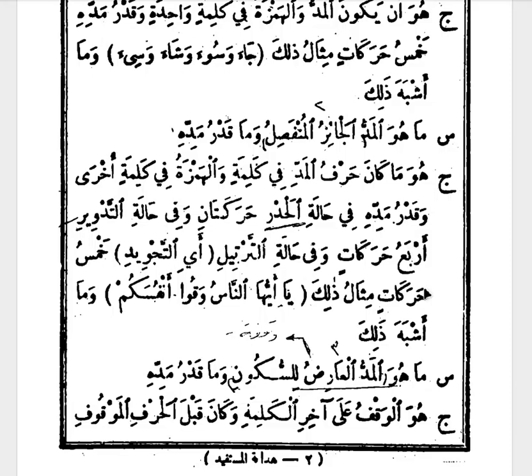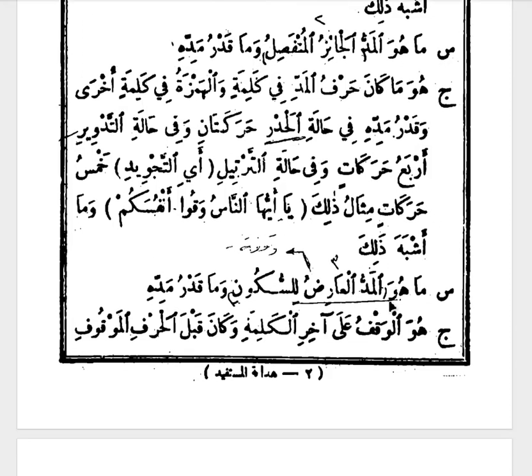In maddul wajib al-muttasil, the hamza and the letter of madda appear in the same word. Now, in maddul jaiz al-munfasil, the hamza appears in a word and the letter of madda is in a separate word.